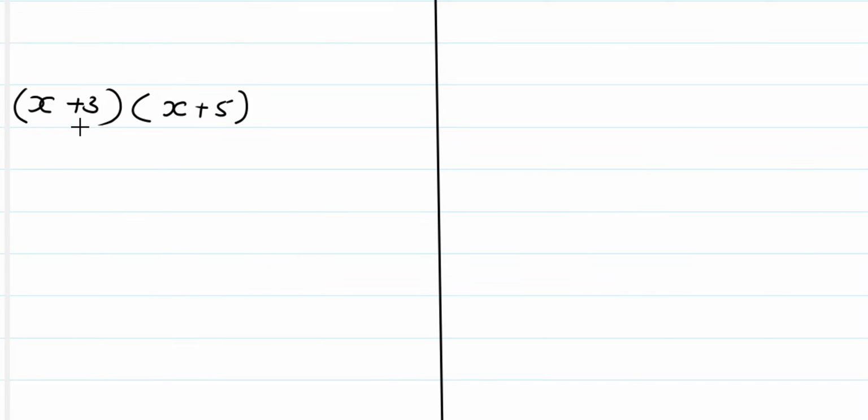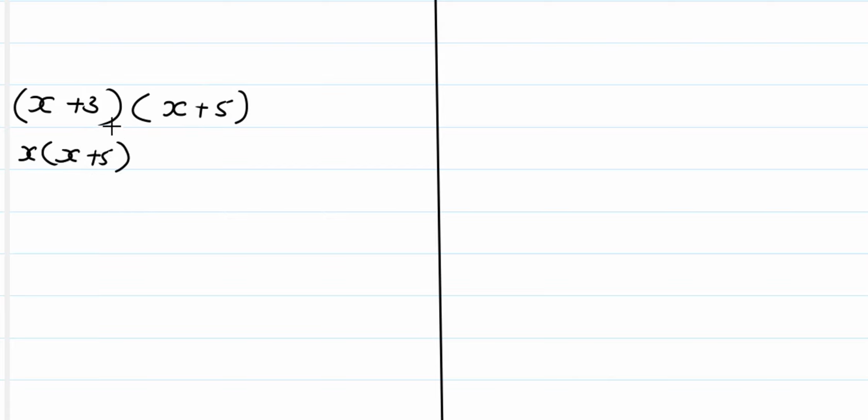Just as we did with the single brackets, here we take each of the values or the variables in the first brackets and we multiply each of them with the variables in the second brackets. For example, in this case, we have x, so we take x and multiply it with all the values in the second brackets, which is x plus 5.